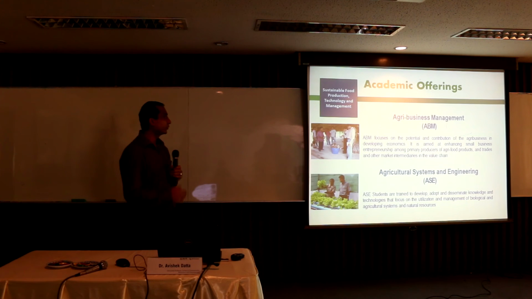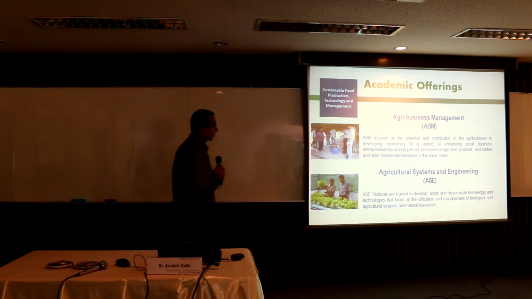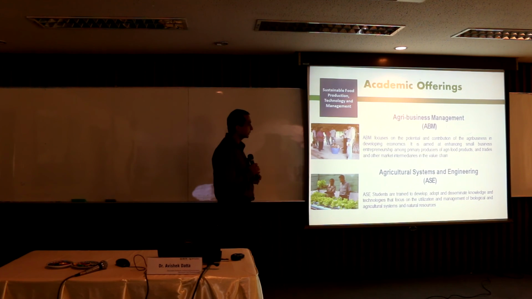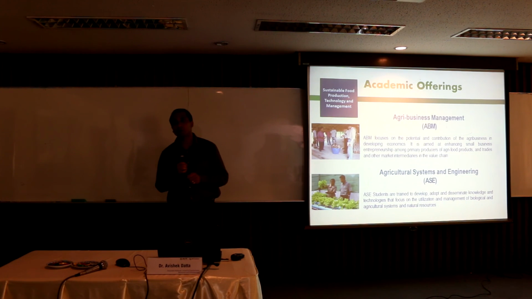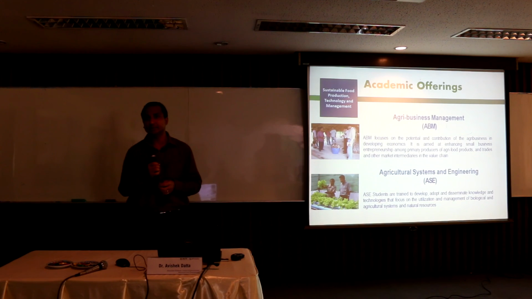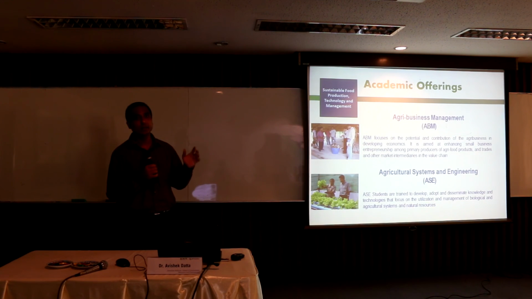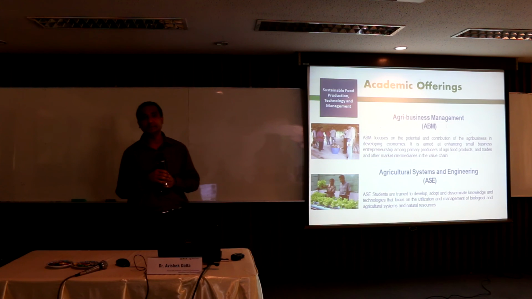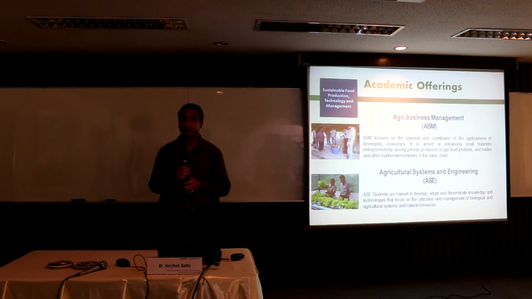Okay, so many of you already know, in agribusiness management and agricultural systems and engineering, the field of study is agricultural systems and engineering, and basically we have 3 specializations.